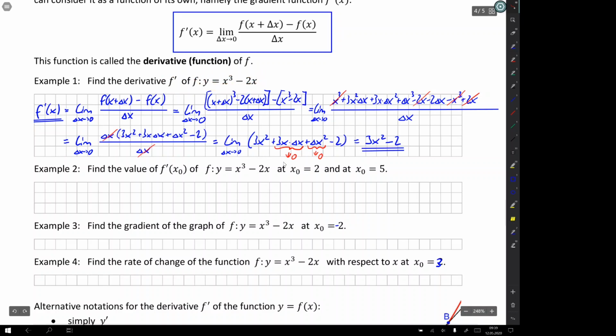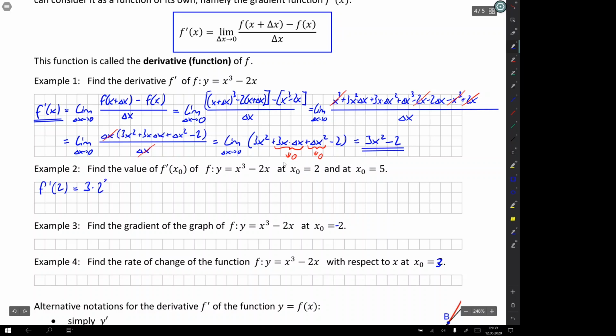So let's look at example 2. We want to find the value of f dash of 2, which means we have this function f here. This is the same one as up here. So we know f dash of x is this. So f dash of 2, that's what we're being asked for. We get that just by inserting into the function equation.